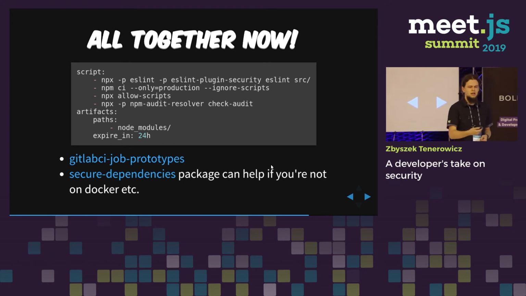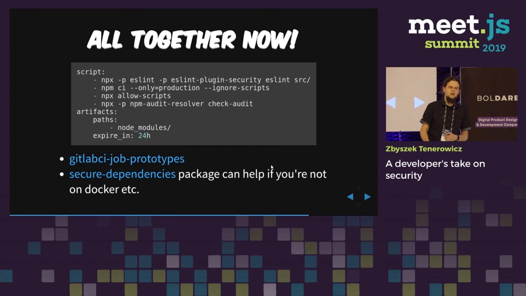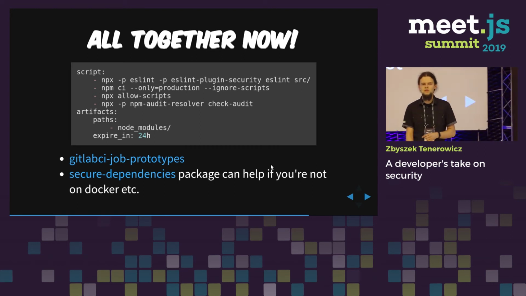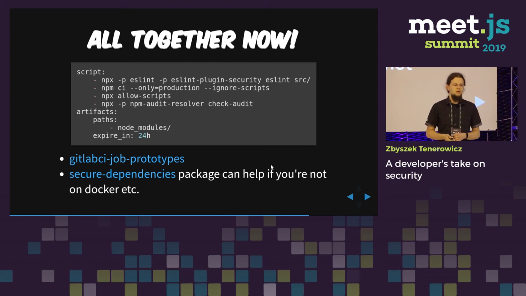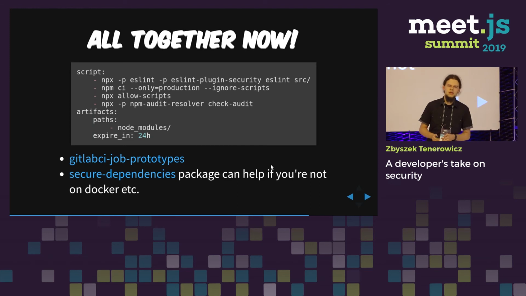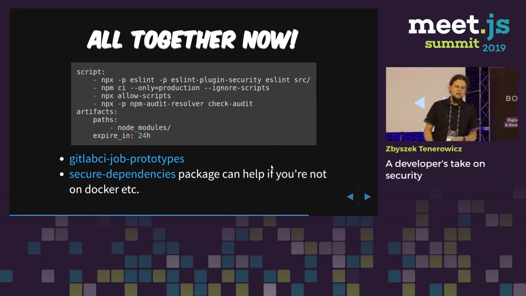You can allow scripts to run, the ones that you have to. And then you run the check-audit command from npm Audit Resolver. The whole thing here uses npx because it's easier to show in a slide, but you don't have to. You can install it locally in the container that you're using for building and run those commands without npx.